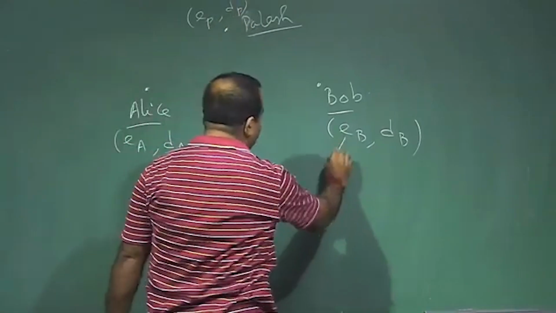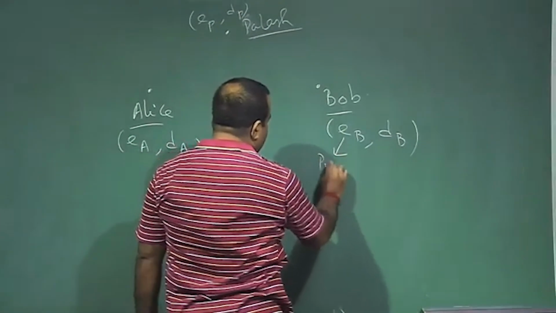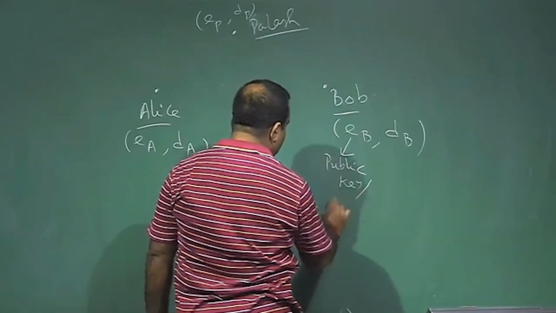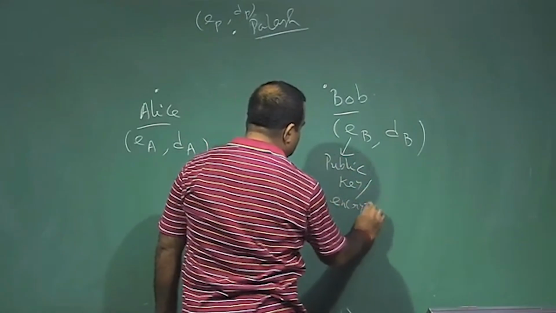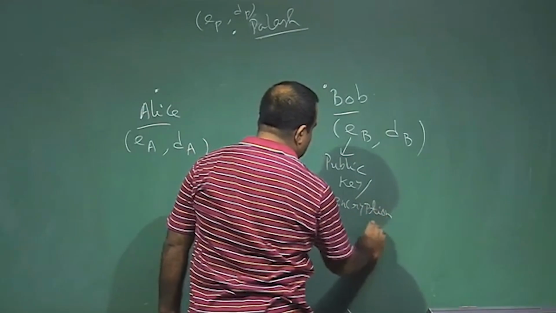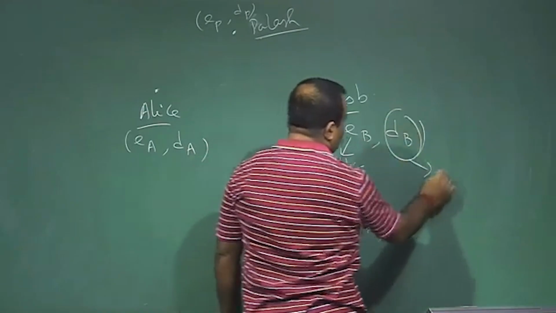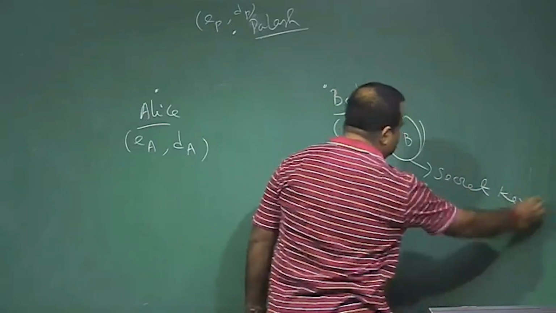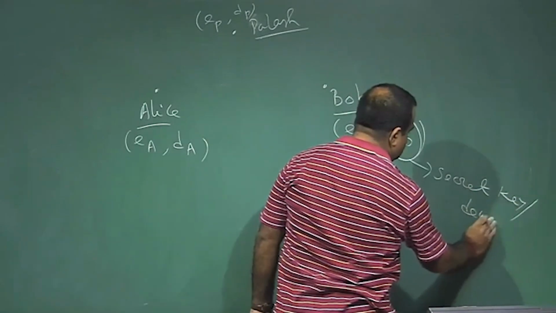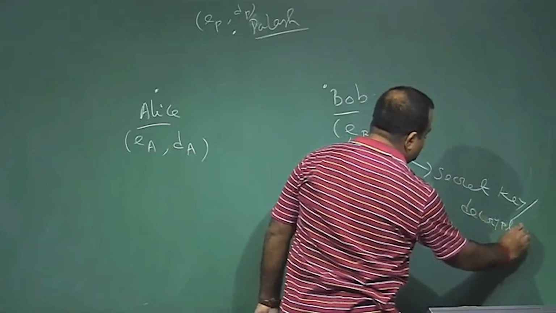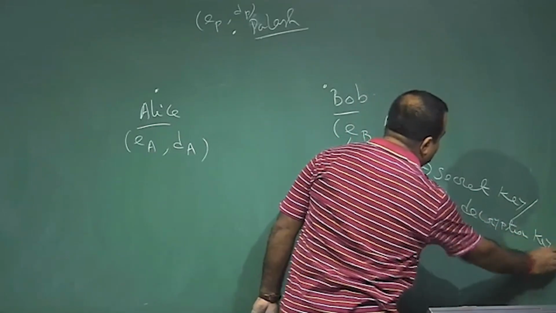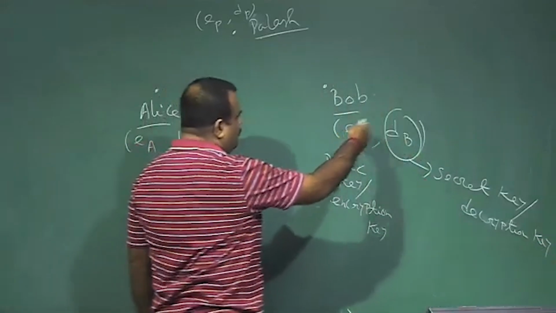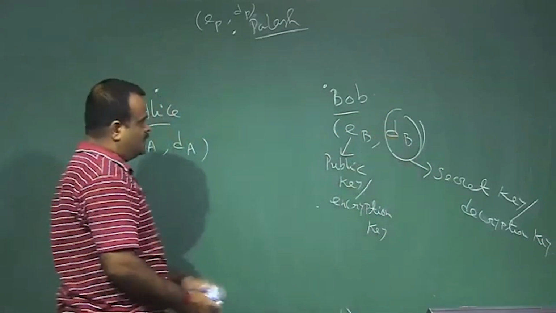The first is called the public key, or encryption key, and the second is called the secret key, or private key, which is also called the decryption key. Similarly, this is the encryption key for Bob and the decryption key for Bob.